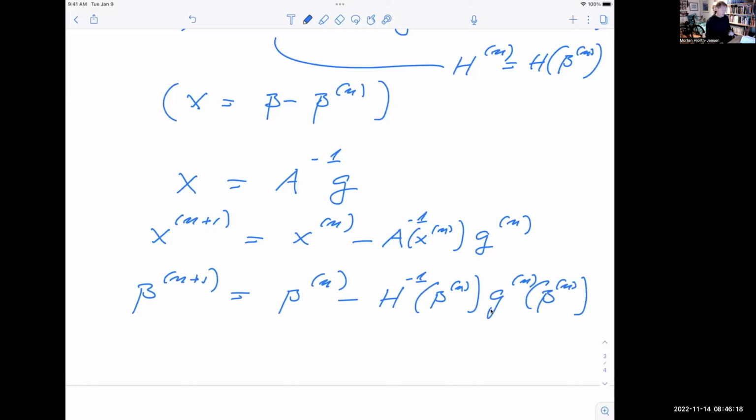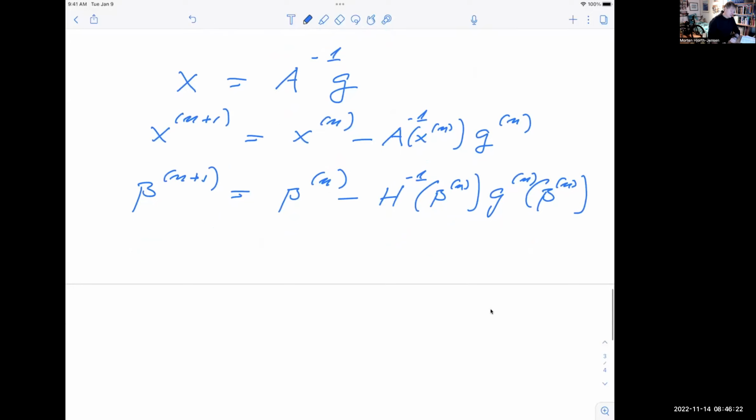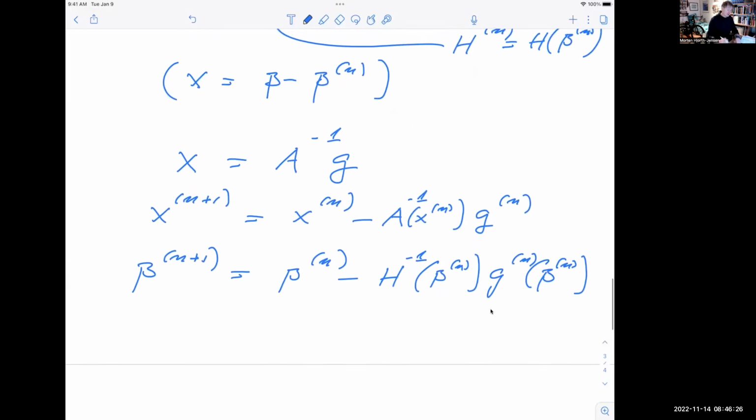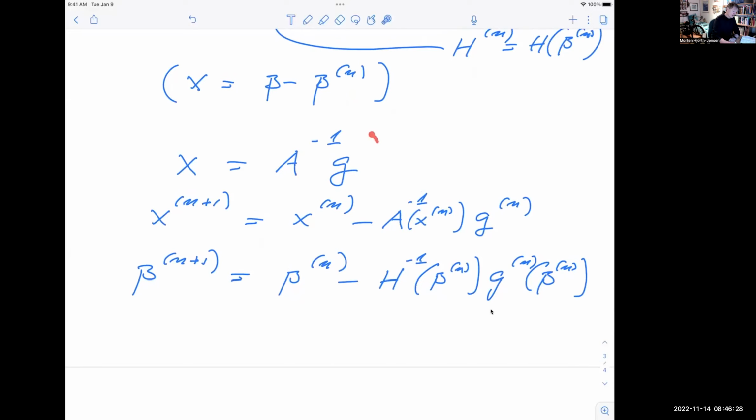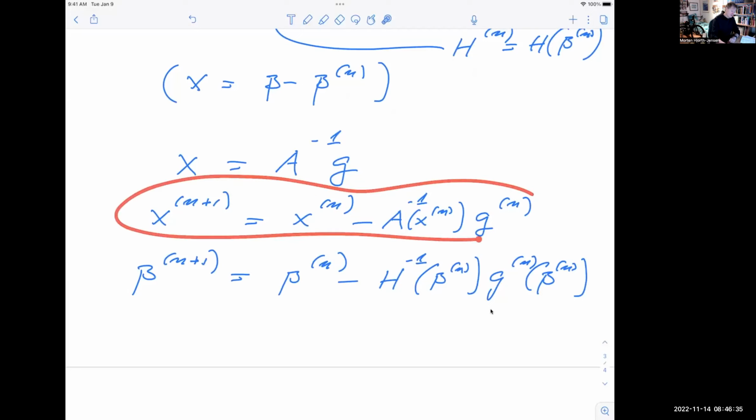So these are the equations which we are going to evaluate in the iterative procedure for finding the solution to this type of equation. This is nothing but an iterative way of solving this equation.